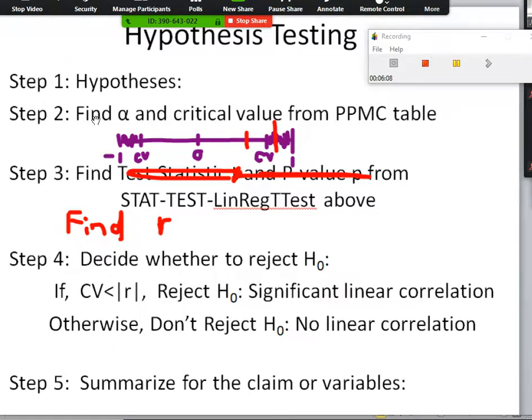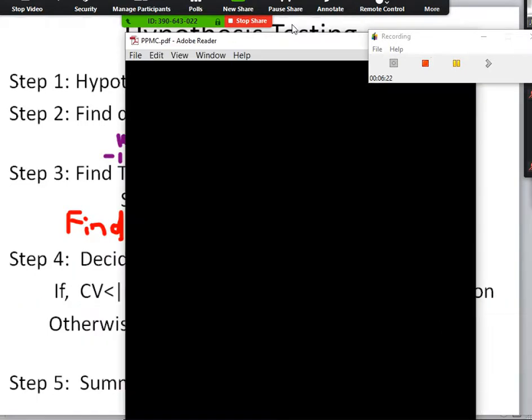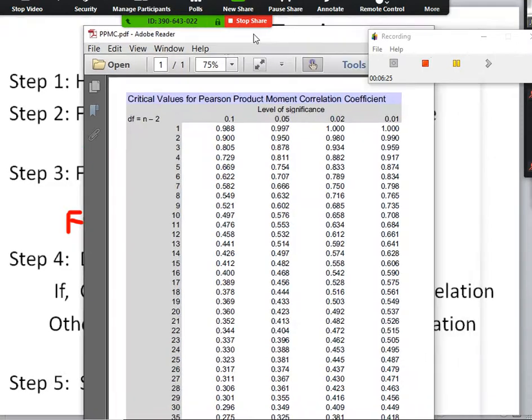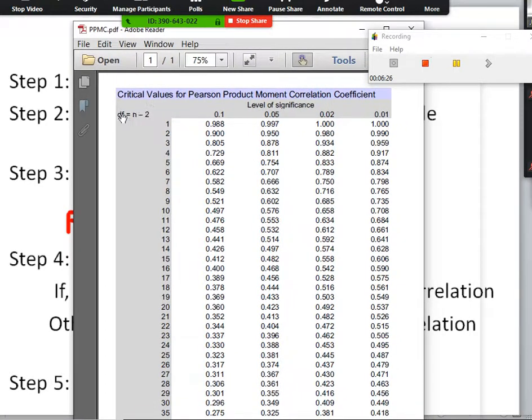Step 2, find alpha and critical value from the PPMC table. So here, we're going to get our critical value from a table, right? This is our table. And again, remember that we have 2 variables, x and y. So now we're going to do n minus 2 instead of n minus 1 because we used to have just 1 variable.